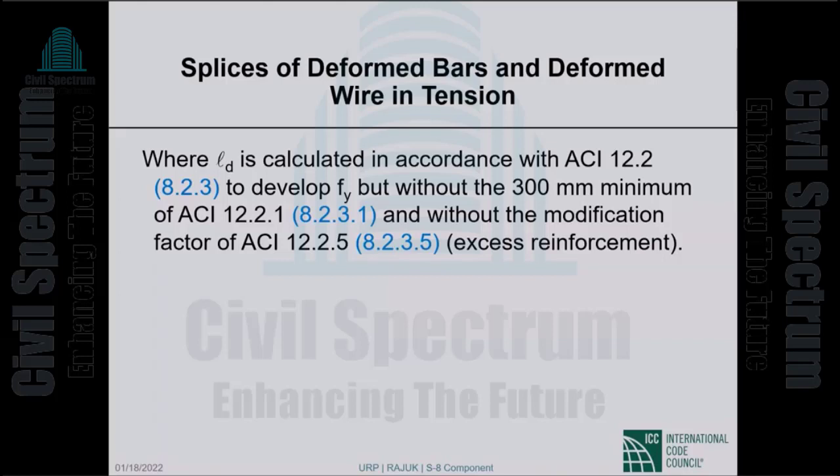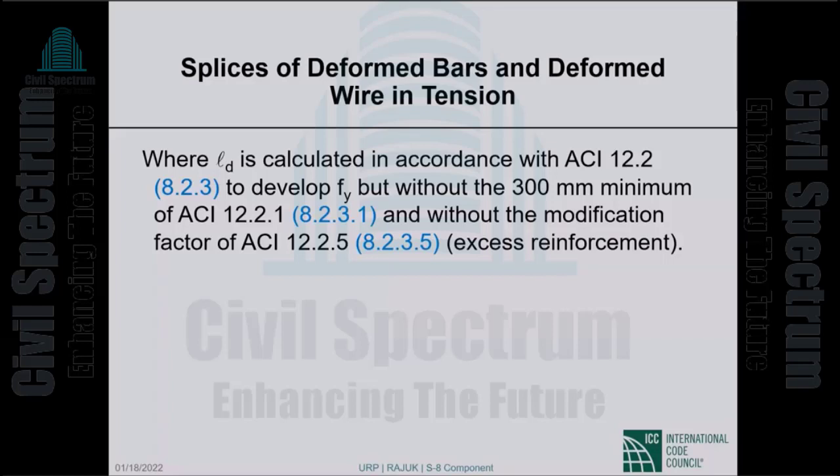So when you calculate the development length, forget about the 300 millimeter minimum on it. It's a calculated development length that we want. And the modification factor for excess reinforcement, if you have taken that, forget that. Don't bring that over in calculation of splice length. So splice length is 1 or 1.3 times development length.